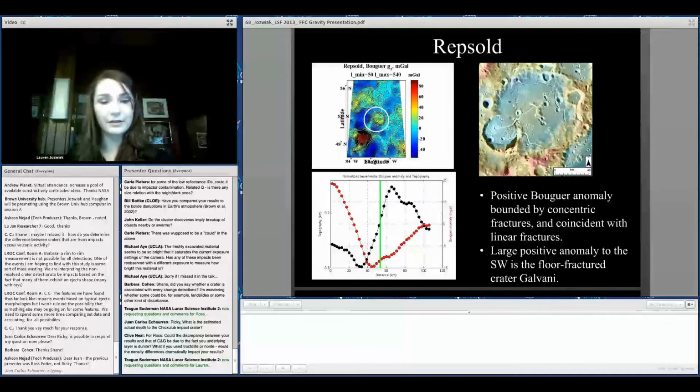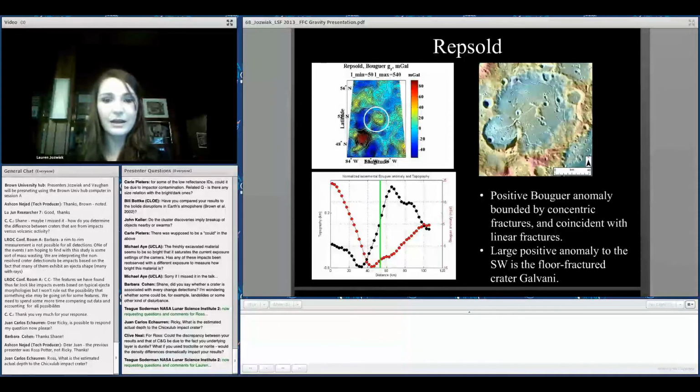And we have the crater Repsold and also the associated superposed crater Repsold G, both of which are floor fracture craters. You can see here the positive Bouguer anomaly on the floor, and if you allow me a little bit of interpretation, the anomaly appears to be almost circular, and where the circularity of it ends corresponds very nicely to a set of concentric fractures on the northern and northeastern edge of the crater floor of Repsold, perhaps marking the edge of the uplifted part of the crater floor.